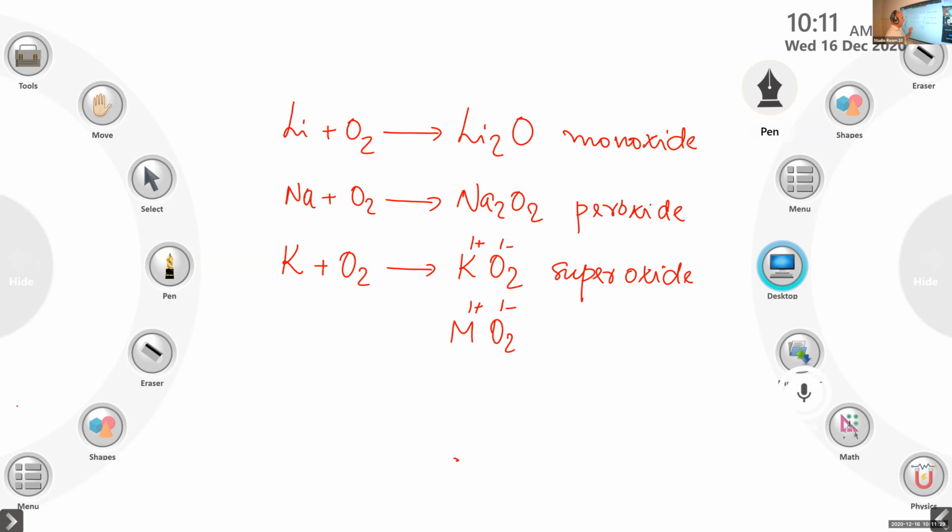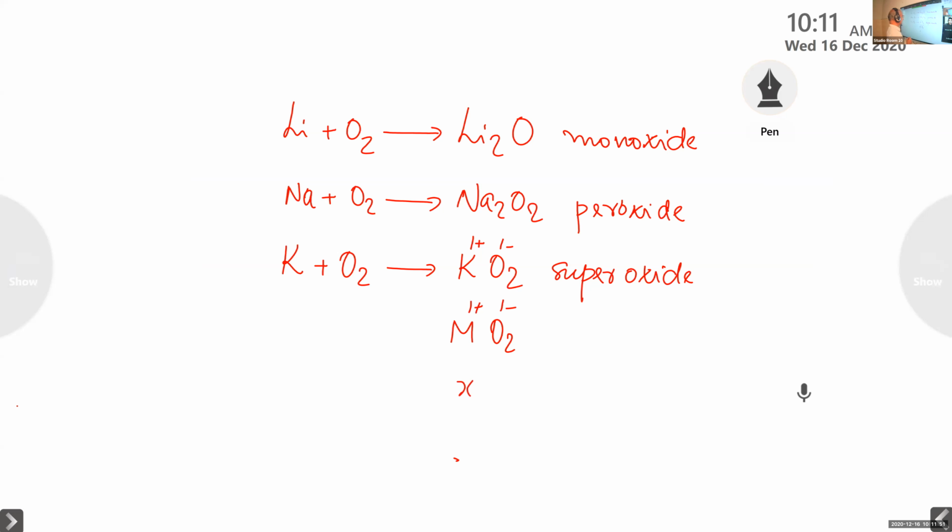If it is so, what will be the oxidation number of oxygen in the superoxide ion? You know, the superoxide ion is an O2 minus 1 ion. It has minus 1 charge. The oxidation number of oxygen is equal to x. Let it be x.